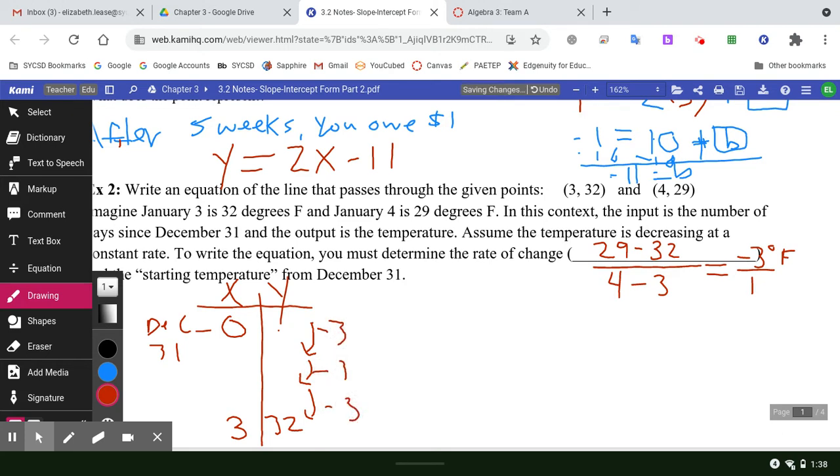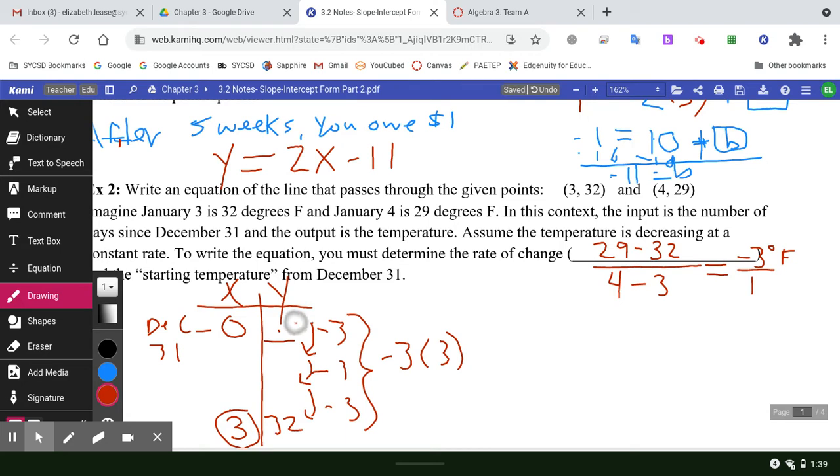So in reality, I could represent this idea by taking my rate of change and multiplying it by that x value of 3 to be able to determine what my starting point was.